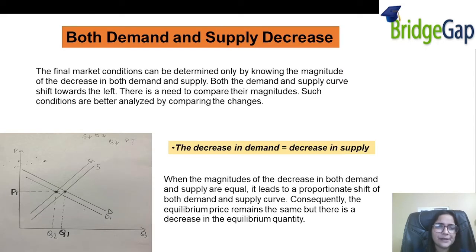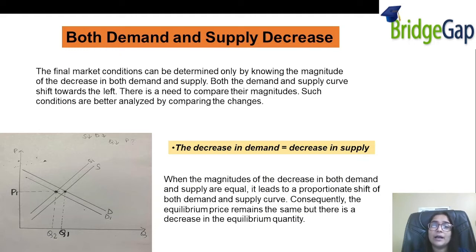Firstly, we'll be talking about when both demand and supply decrease. What are the effects on the equilibrium price when both demand and supply decrease at the same time? The final market conditions can be determined only by knowing the magnitude of decrease in both demand and supply.